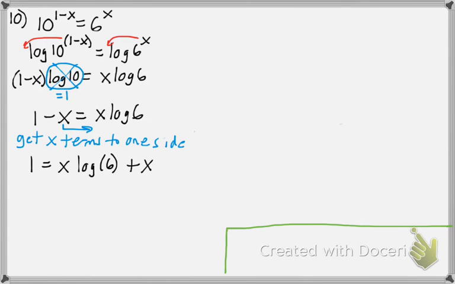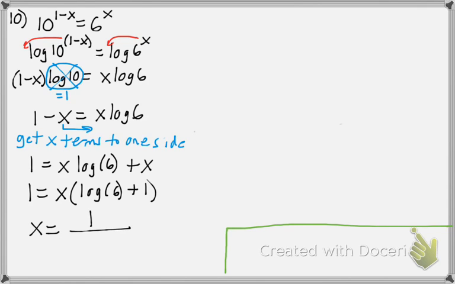And then, just like with the previous problem, having the x's all on one side, I can factor this. So x times log of 6 plus 1, this is all equal to 1. And then if you divide both sides by log of 6 plus 1, then x is equal to 1 over log of 6 plus 1.